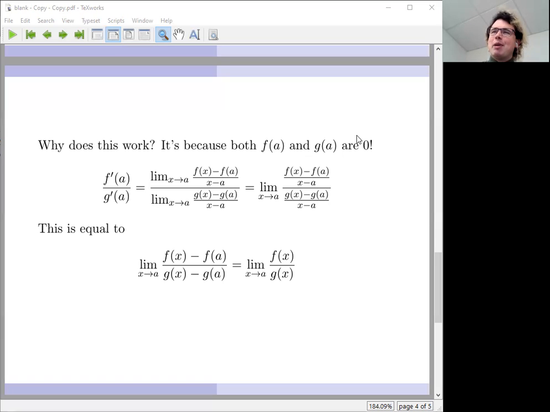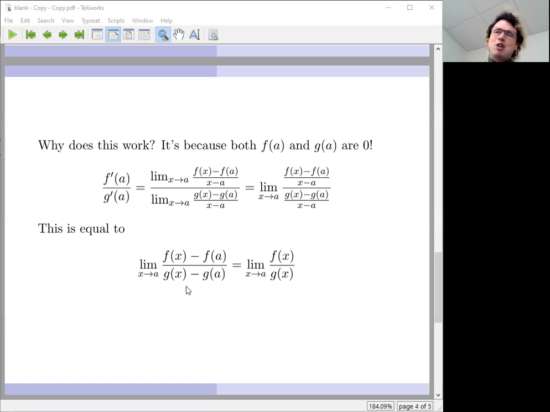So I have extra information because I only use this rule when both f and g are equal to 0 for x equals a. I'm going to use that information right here in this expression. F of a is 0, so my numerator is really just f of x.